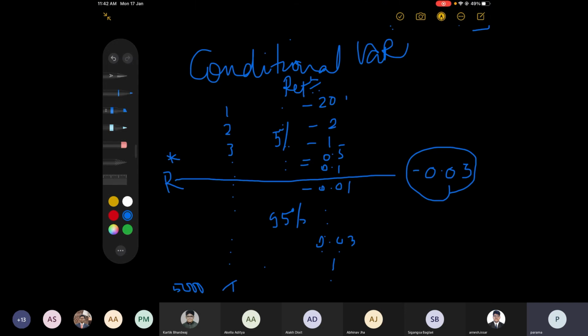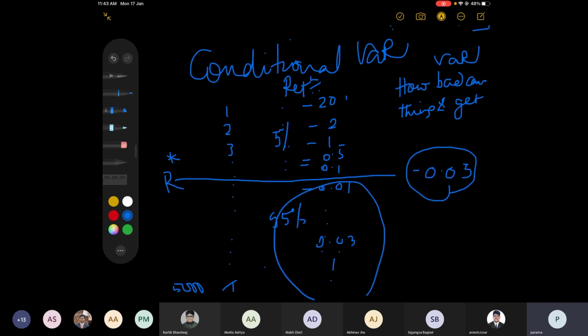What does conditional value at risk ask? VaR basically asks how bad can things get, again with a 95% confidence level. Conditional value at risk asks: if things get bad, what is the expected loss?